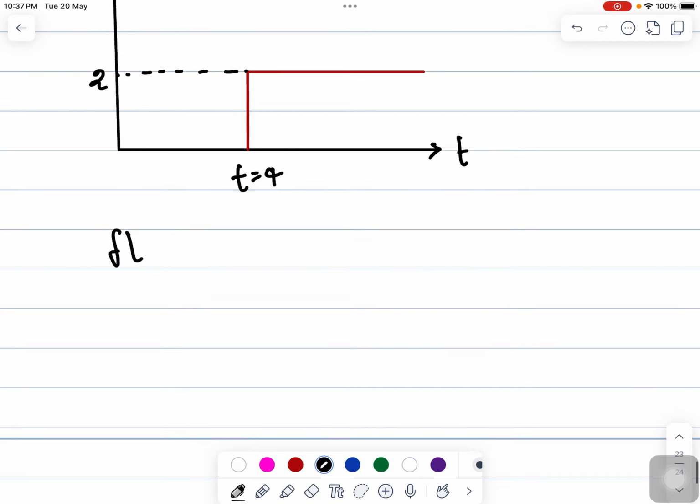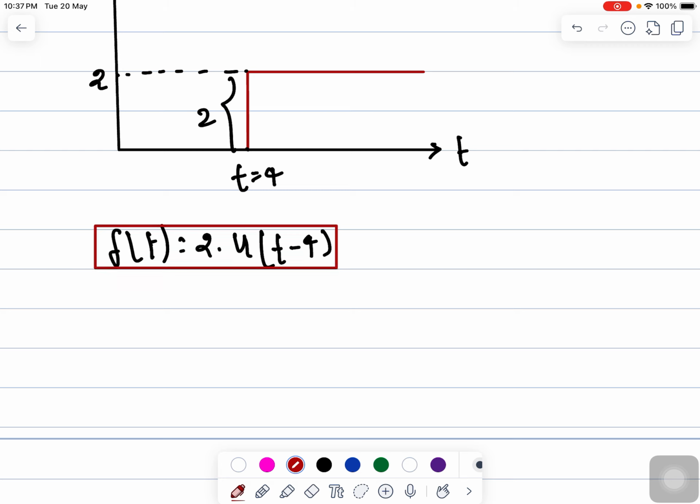Here you can see the magnitude is 2, so first I'll write the magnitude, and this is a step function, so u, and obviously t. When t is less than 4, the step function's value is 0, and when t is greater than 4 it acquires the value 2, so that will be 2u(t minus 4). So this will be the correct answer for the function that you want to write.